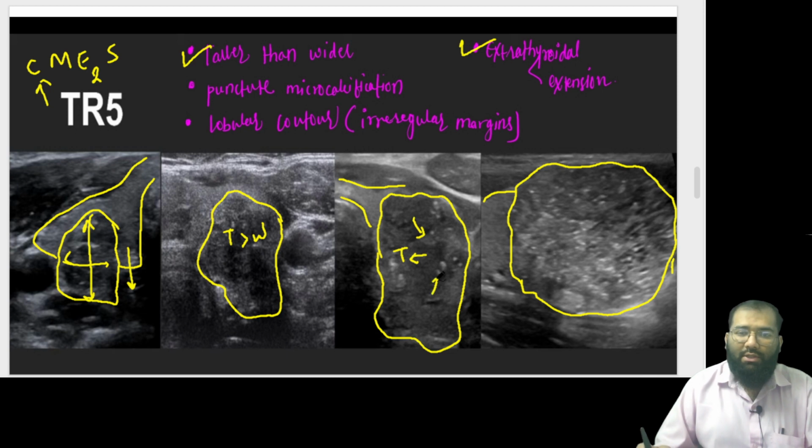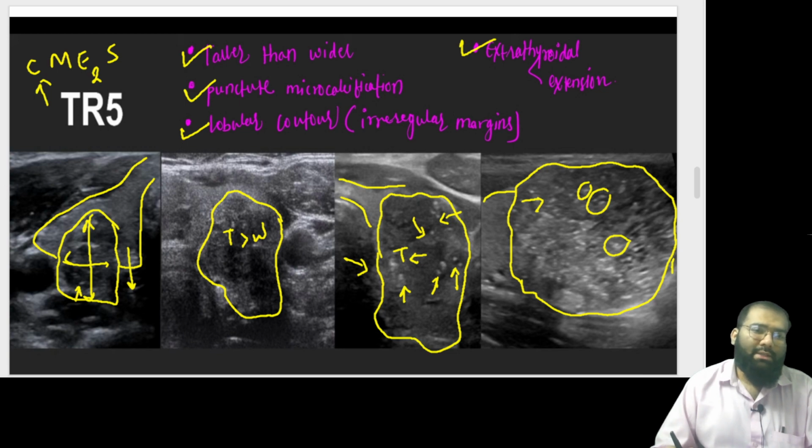So all these lesions are showing punctate echogenic foci. Correct? Again, you can notice in this also, even in this, you can see this punctate echogenic foci. And they are tiny, so they show punctate microcalcification. If you see the contour or margins, they are lobulated or irregular, correct?